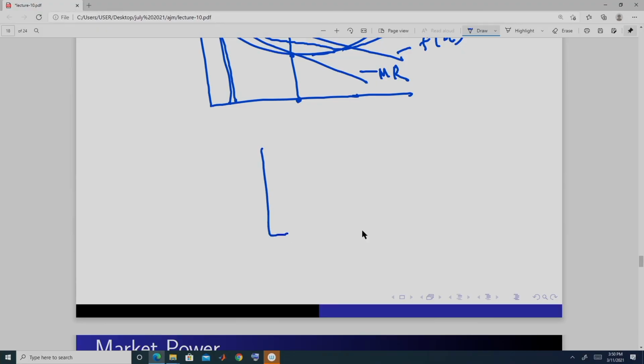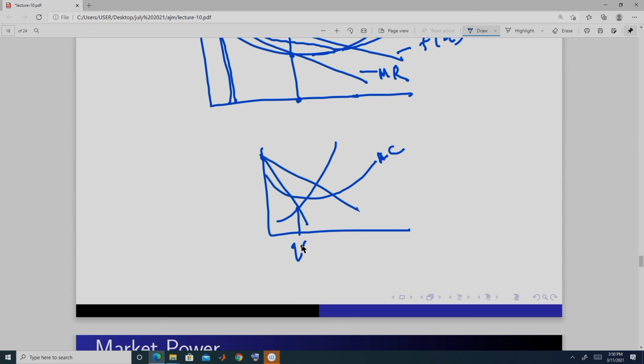If we are given a demand curve like this, we will get a marginal cost like this, and the average cost is like this, then the monopoly output is this y star, and the monopoly price is this P m, right? We know this. Now, the question is, suppose the cost functions are different.